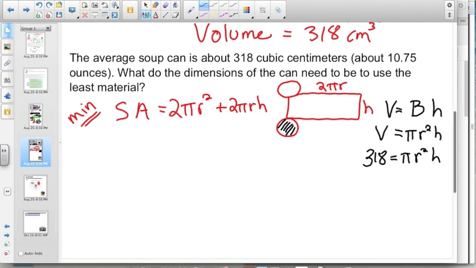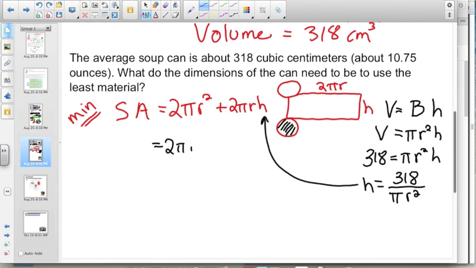So what is this, solve for h? What do we get here? Divide by pi r squared. Okay, so we're going to put that in for h here. So we end up having 2 pi r squared plus 2 pi r times 318 over pi r squared.